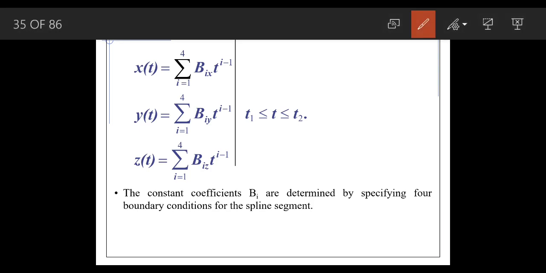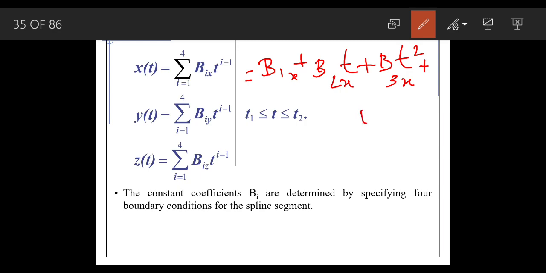How do we represent it? As we have already written in the previous slide, x(t) is equal to b1x plus b2x t plus b3x t raised to 2 plus b4x t raised to 3.